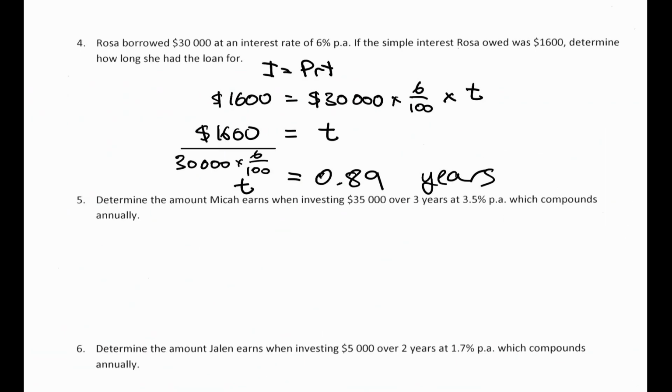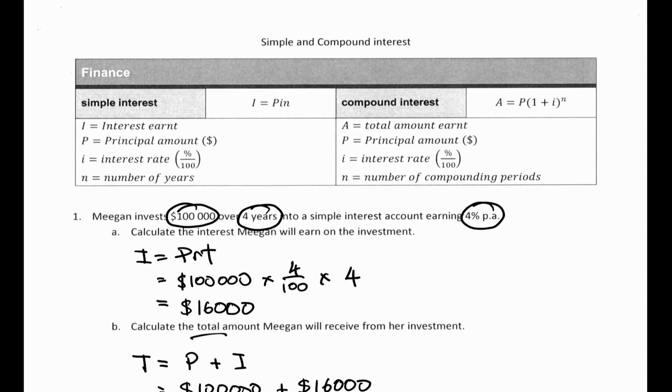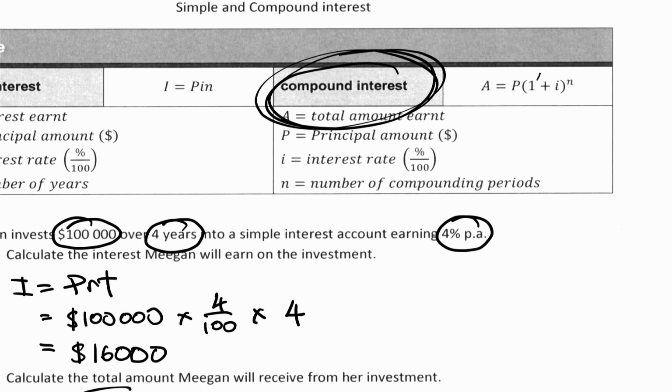Determine the amount Micah earns when investing $35,000 over 3 years at 3.5%, which compounds annually. So this one tells us it's compounding, so we use the compound interest formula this time, which is A equals P outside 1 plus I to the N, or we've been using R in class, but it's the same thing.